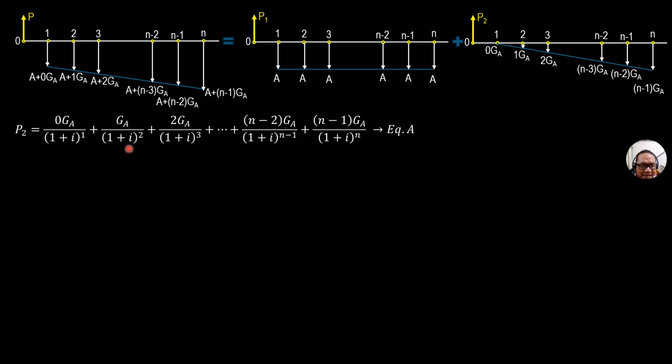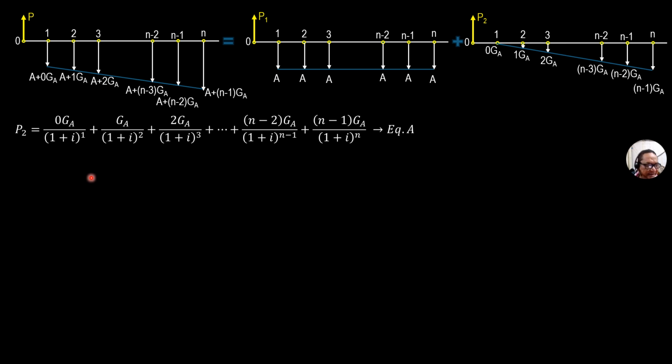So take note, this is only for the present worth of this second part of the cash flow diagram, which we split into uniform and this arithmetic gradient payment.